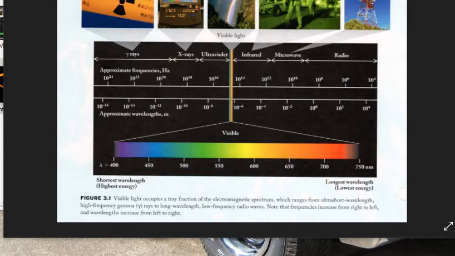Now, you might be asking how light can behave as a ray and as a wave, and that's actually because light is a photon. A photon is defined as being a quantum of electromagnetic radiation. A quantum is the smallest discrete quantity of a particular form of energy. So a light photon is the smallest discrete particle of light.